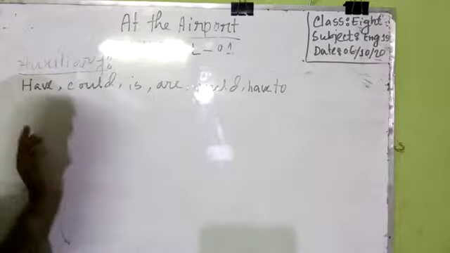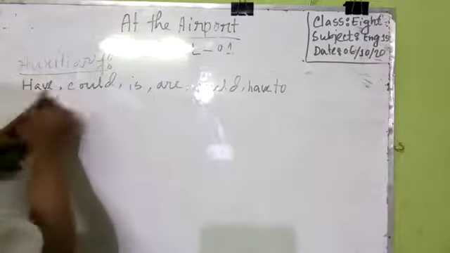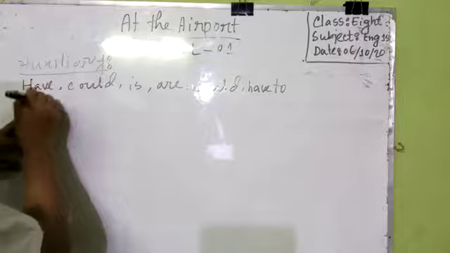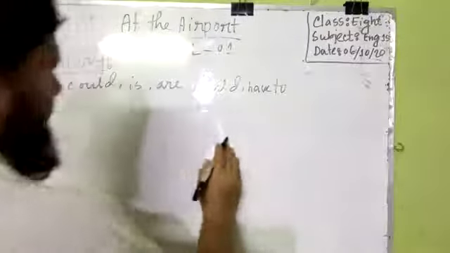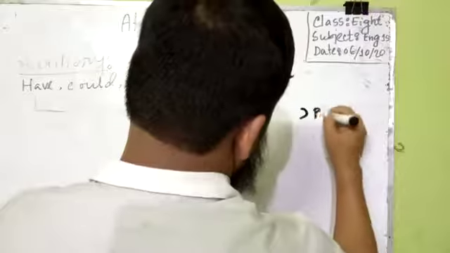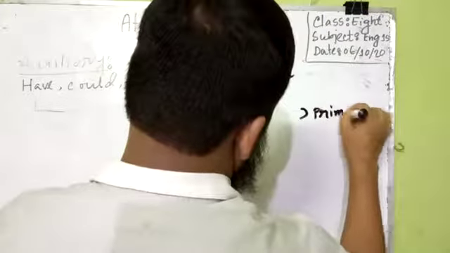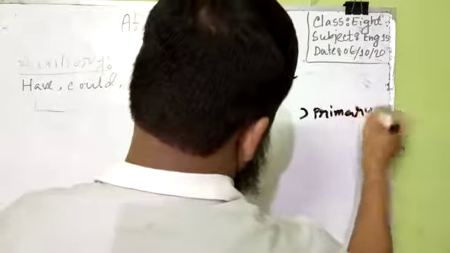Now write along with me the identity of the word. Have is a primary auxiliary.